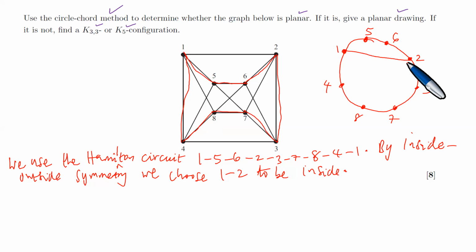So we choose 1, 2 by inside-outside symmetry. You choose 1, 2 to be inside.